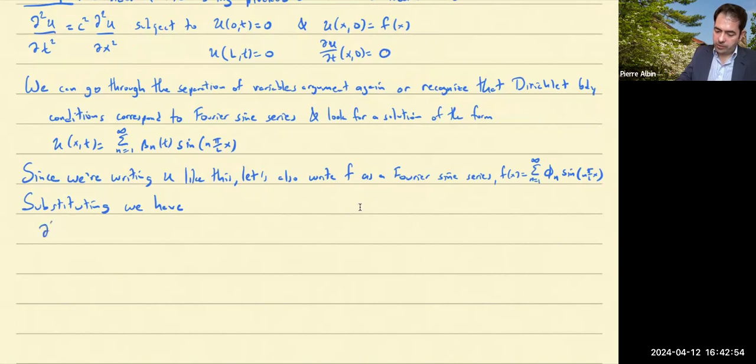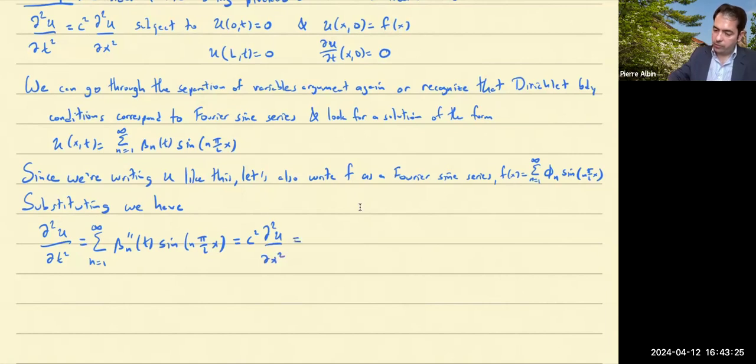Okay, so first the equation. Two derivatives of u with respect to t. Well, if we've decided that u has this form, then this would be two derivatives of beta n times sine n pi over L x. And now we want this to be equal to c squared times two derivatives of u with respect to x.